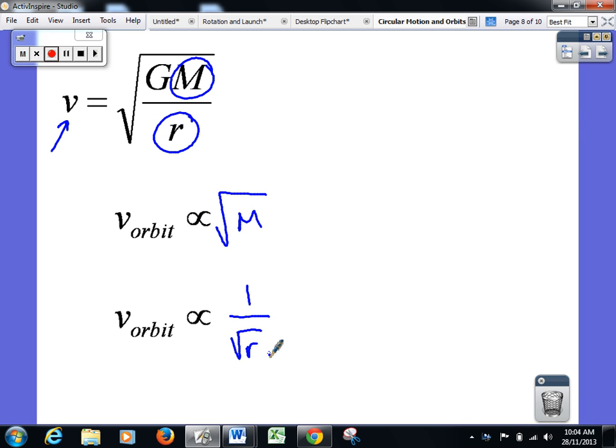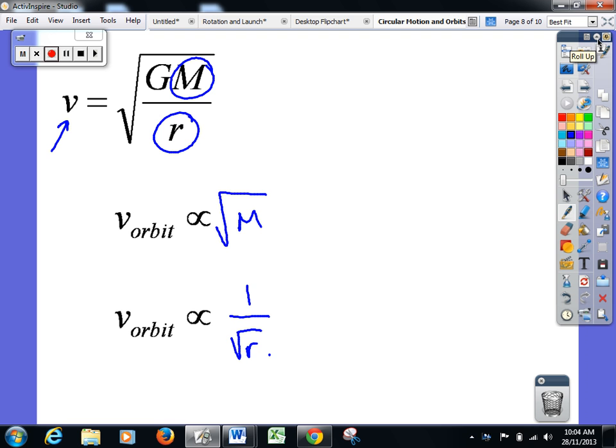Now, even though these proportionalities have square roots in them, they generally act the same way as direct and indirect proportionalities. So, if I have a more massive planet, in other words, the planet's mass goes up, what has to happen to my orbital velocity? Right, it goes up. So, if I'm orbiting Jupiter, I have to orbit at a much faster speed than I would if I'm orbiting the Earth, for instance.